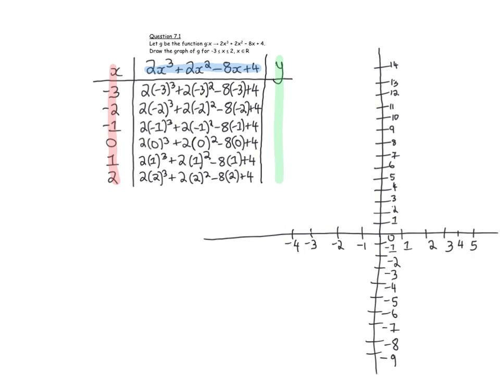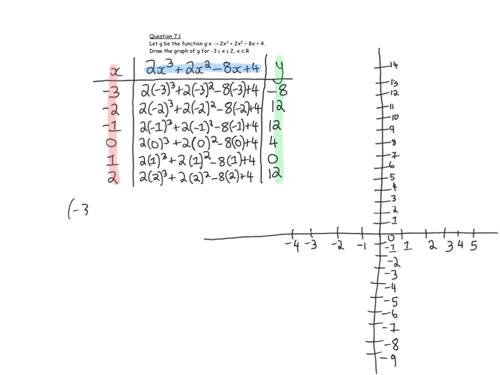When you put minus 3 into the function in your calculator, you're going to get an answer of minus 8. When you put minus 2, you're going to get an answer of 12. Minus 1, you'll get an answer of 12. 0, you'll get an answer of 4. 1, you'll get an answer of 0. And 2, you'll get an answer of 12. Finally then, if you're not as confident, you can write out the points.